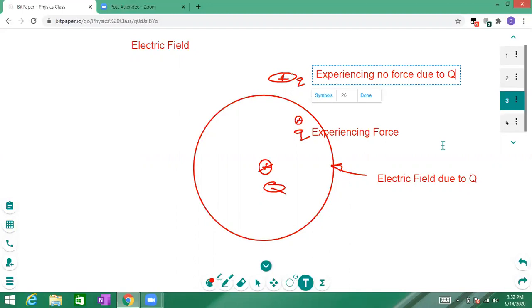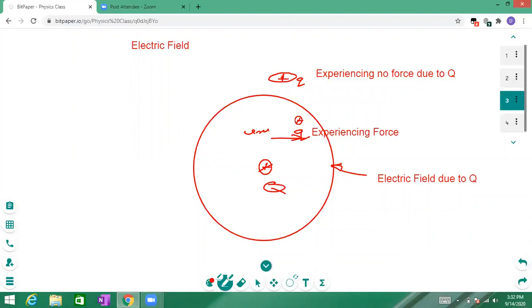Now, if the charge small q is a unit positive charge, then the force experienced by small q is called the electric field intensity at this point, that means at the point where the charge is located.